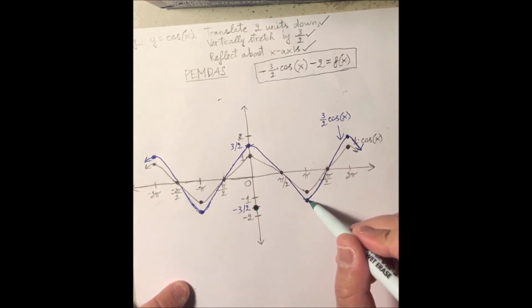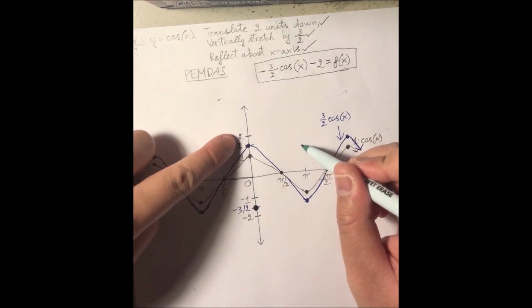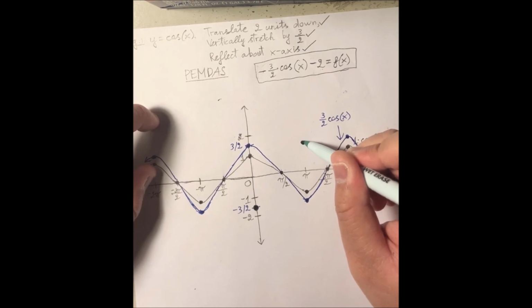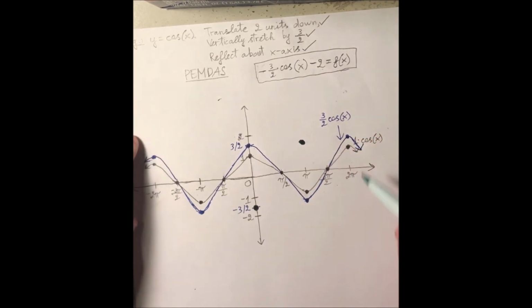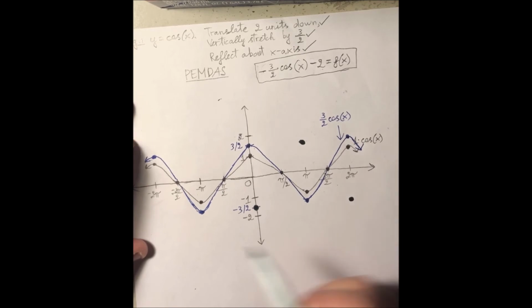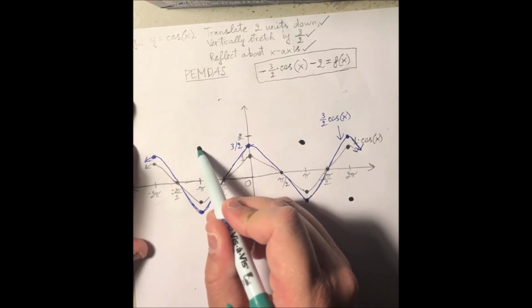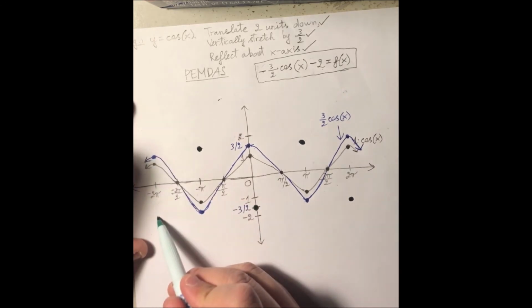The lowest point from here is going to end up where the highest point of the most recent graph is, so this point will end up right here. Hopefully I did it correctly. And of course this point ends up all the way down here. And this point ends up here, of course, down here.